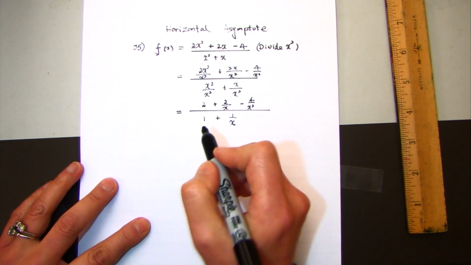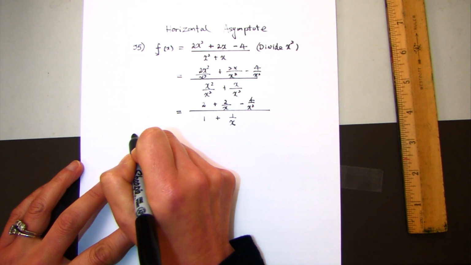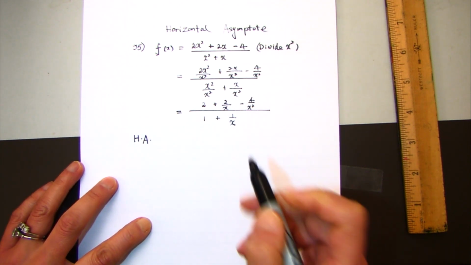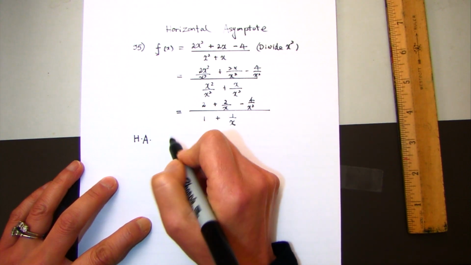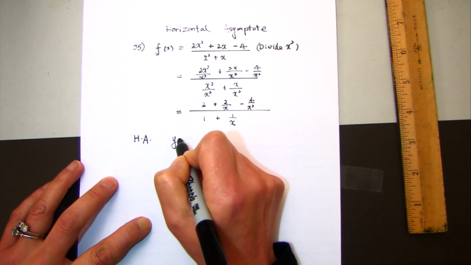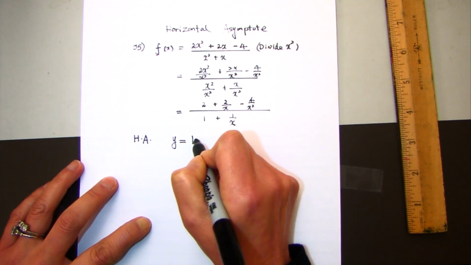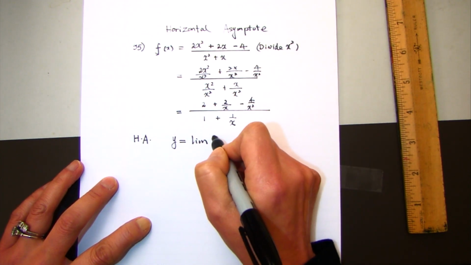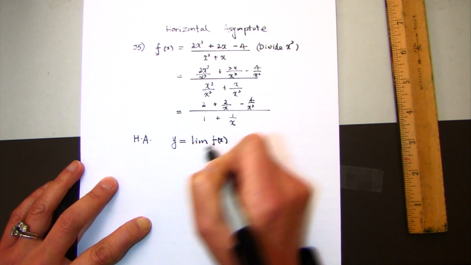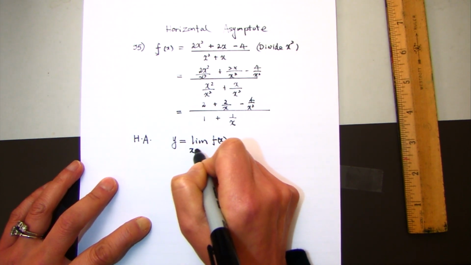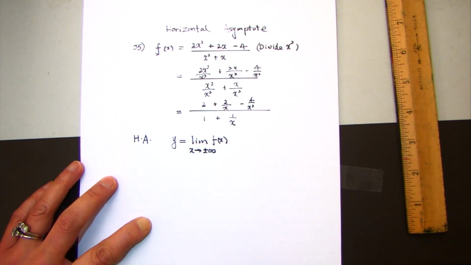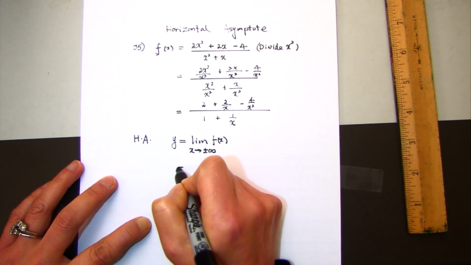I usually write h and a to stand for horizontal asymptote. So I'm looking for the y value, and the y value equals the limit of our function, whatever its name is, as x approaches positive or negative infinity.